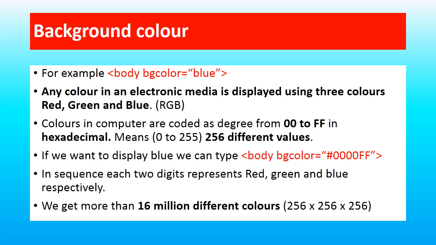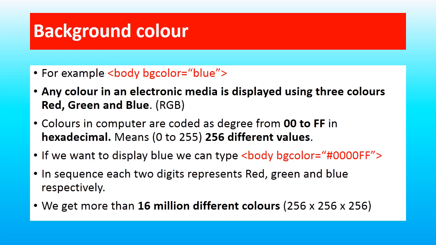The thing to be noted is when we used to write BG color is equal to blue, we did not put a hash in front of that, but to indicate that it is a hexadecimal code, it is compulsory to write hash and then these 6 digits.